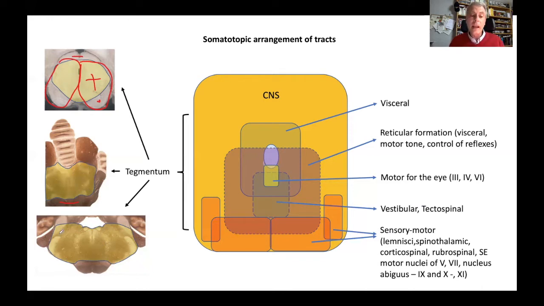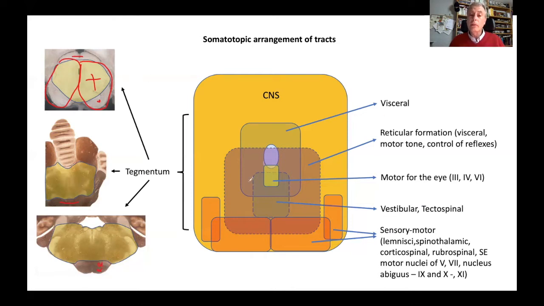And at the medulla oblongata, the tegmentum forms against the floor of the fourth ventricle and is located dorsal to the ventral portion that is formed by the pyramids and the olivary nucleus.